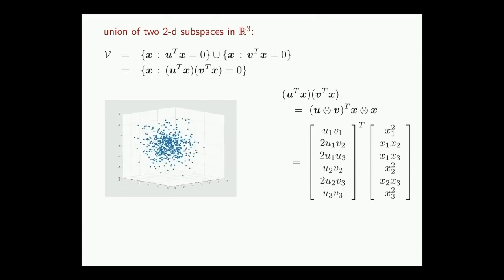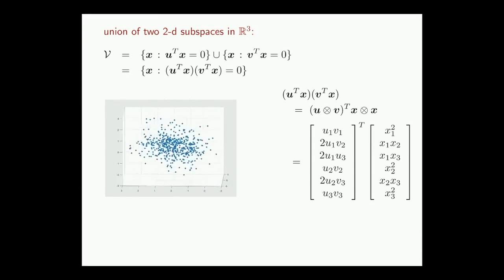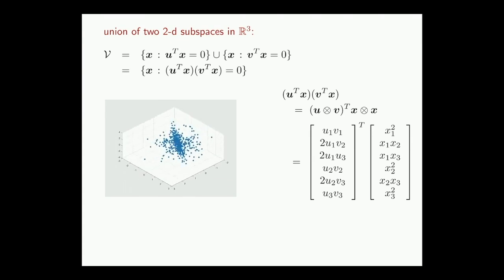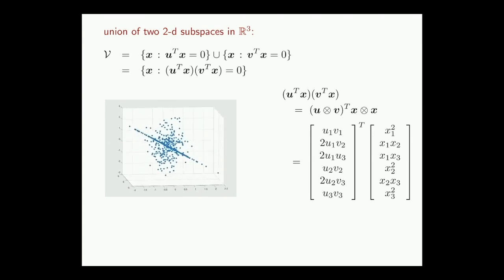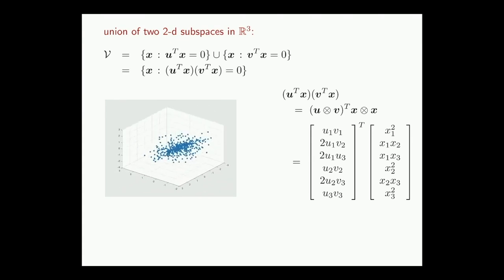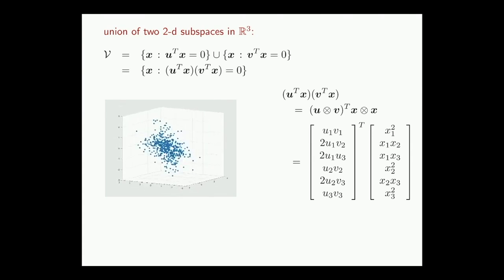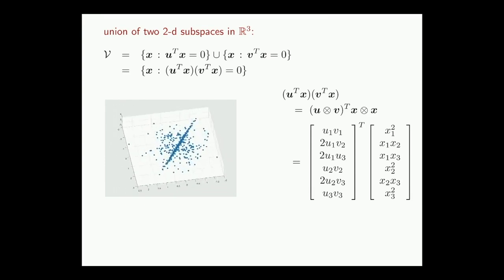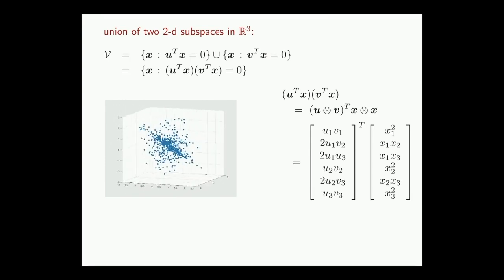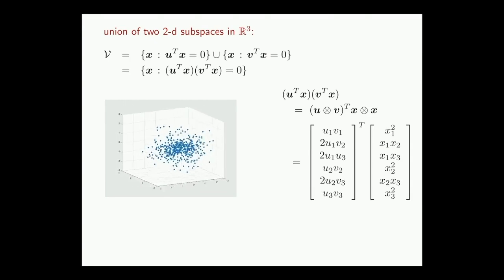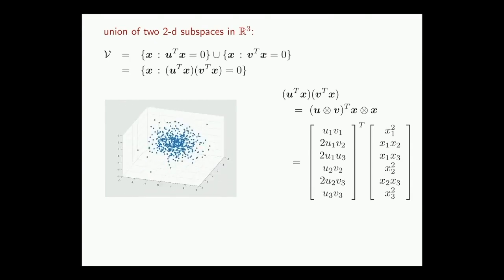And I can write that here in terms of this tensor product. And the point is that a nonlinear or quadratic variety here is just an inner product in the tensorized space. So by lifting up to the quadratic space, we kind of linearize the nonlinearity. Not a big deal, but it's a nice observation, and that's basically the key one that we're going to make.